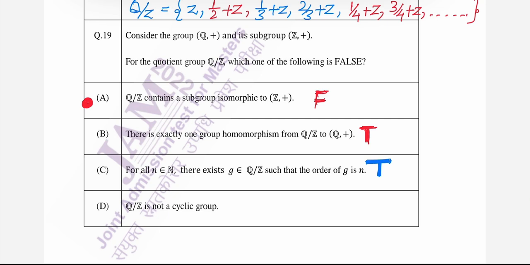In option D, what does it say? It says Q by Z is not a cyclic group. This statement is also true. Because you know there are many characteristic properties of cyclic groups.